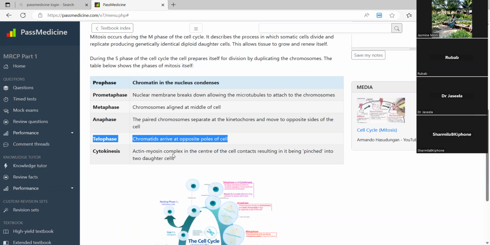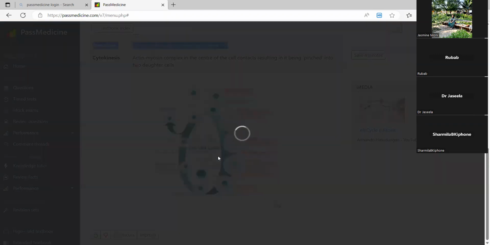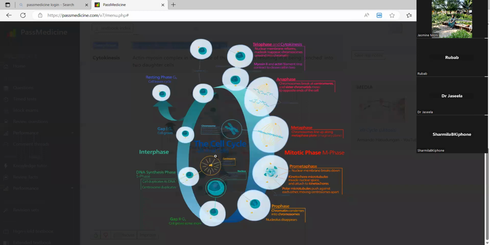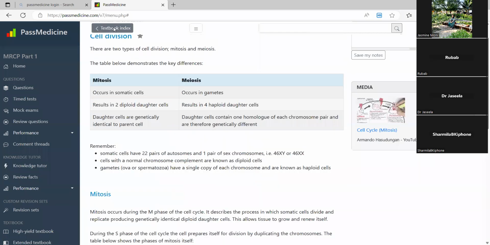In cytokinesis, the actin-myosin complex in the center of the cell contracts, pinching it into the two daughter cells. This is the picture. I will copy and paste this picture in the WhatsApp group after the session.